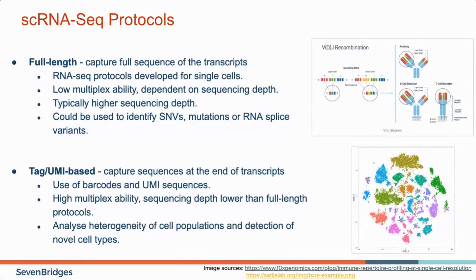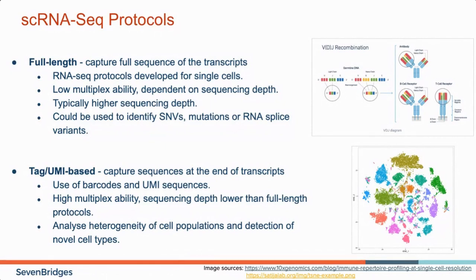Full-length protocols developed for single cells are quite similar to protocols for bulk RNA-seq. They have lower multiplexability, meaning that you can combine fewer cells per sequencing run. The number of cells that can be sequenced highly depends on the desired sequencing depth.